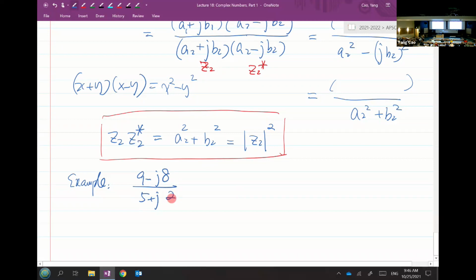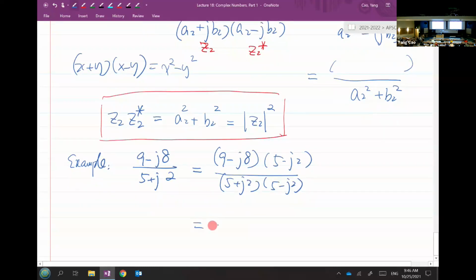Let's say we have 9 plus j8 divided by 5 plus j2. I'm going to multiply the denominator with its conjugate, so that's 5 minus j2. And the top is also 5 minus j2, to keep the whole term unchanged.